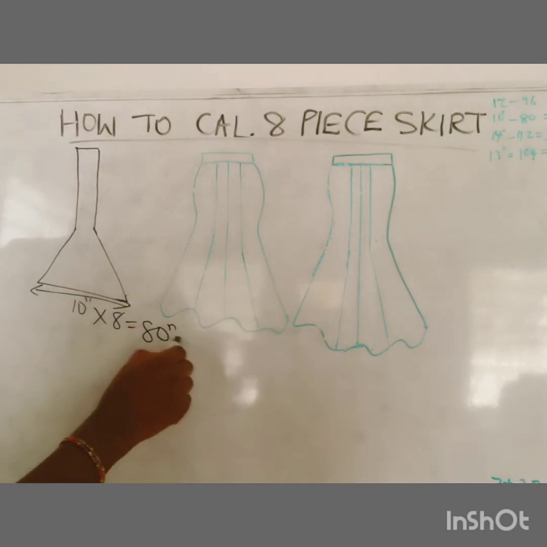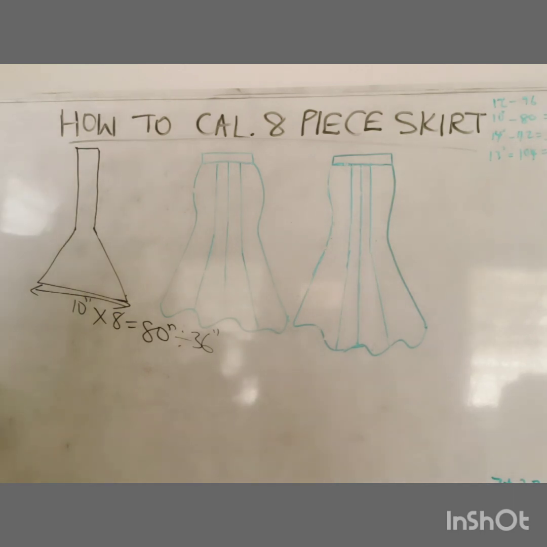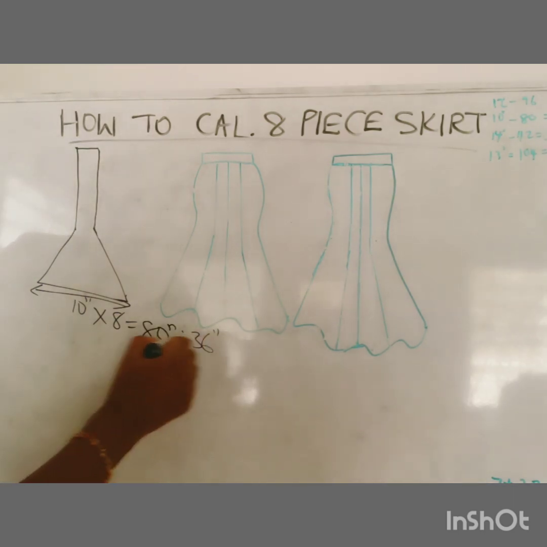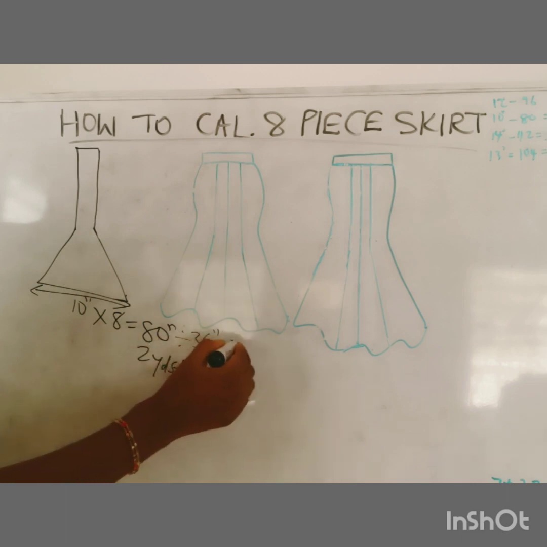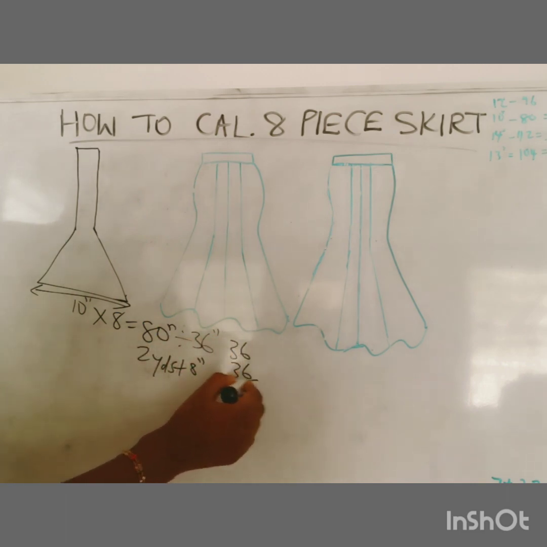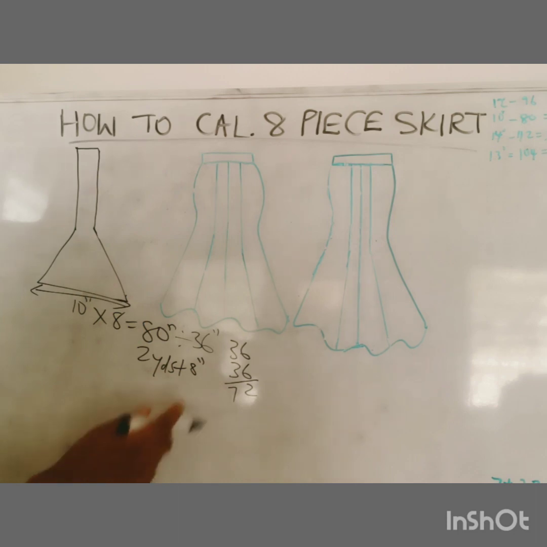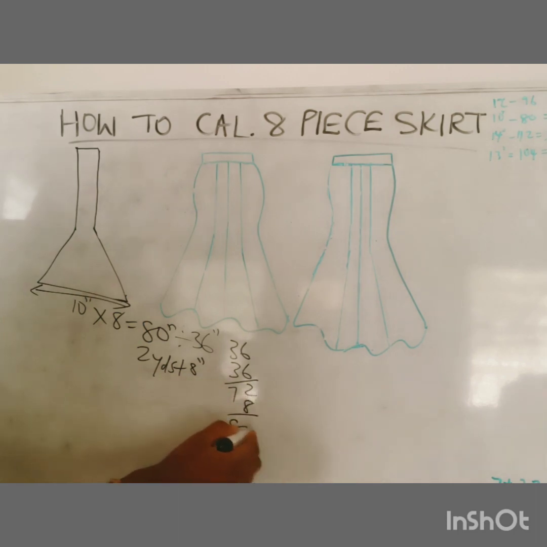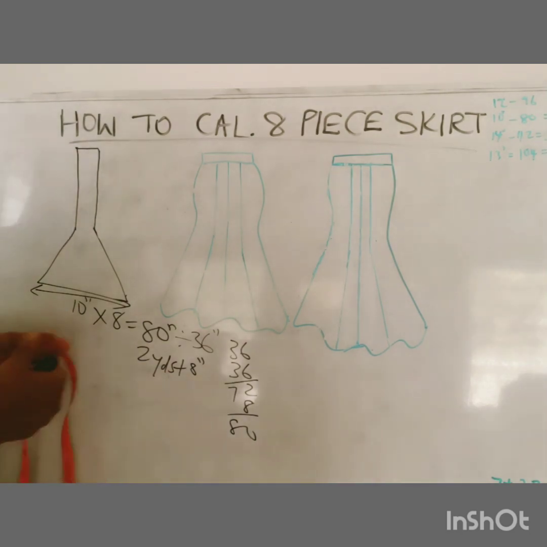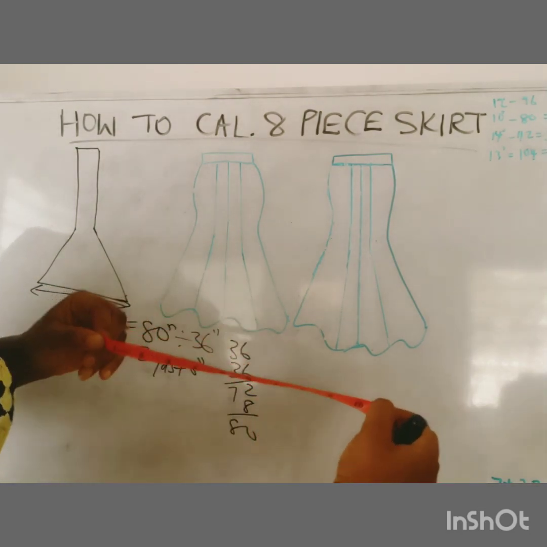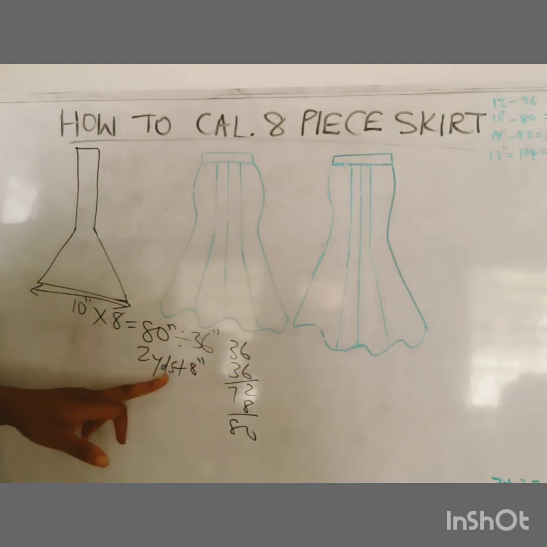If you divide that by 36, because a yard is 36 inches, you are going to have 2 yards plus 8 inches, because 2 yards is 36 plus 36, which gives us 72, plus 8, and that gives us 80. So if you want each panel to be 10 inches wide, then you need 2 yards plus 8 inches.